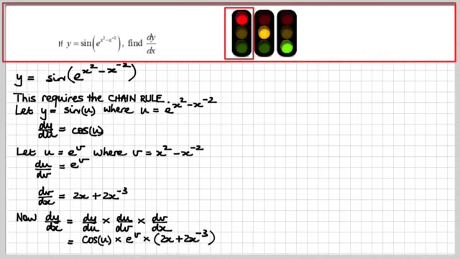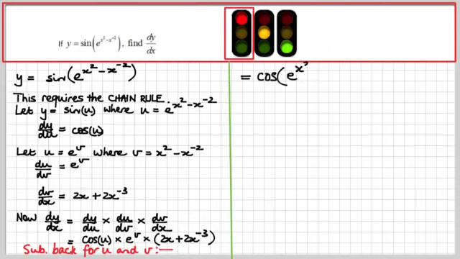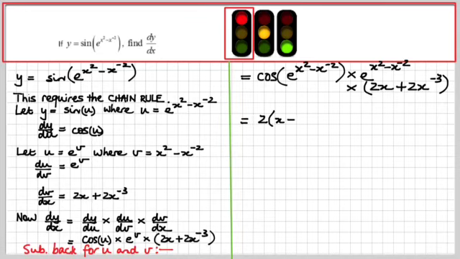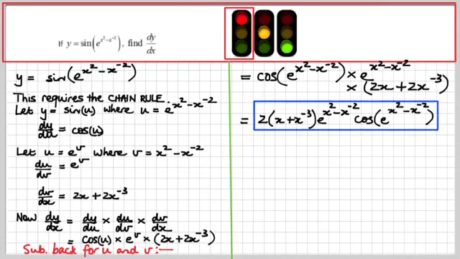So then everything will be in terms of x and worth full marks. So off we go. We've got cos of, what was that thing again? Cos of u times e to the v times that last little bit there, and I think we can put a box around that after we clean it up a bit and make it look a little bit nicer. And that's looking much nicer. And there's the box. It's beautiful, isn't it?